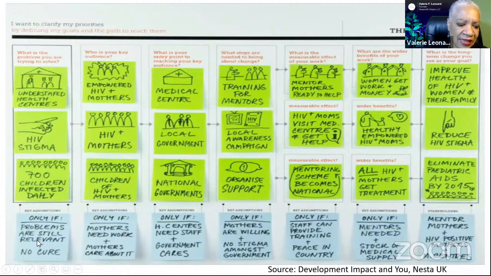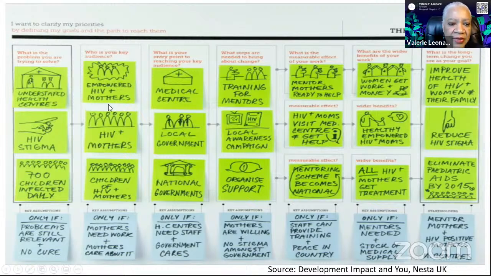And one of the key assumptions is, you only focus on these problems if the problems are still relevant and if there's no cure. So they clearly made a commitment to work on this problem until it no longer is a problem.